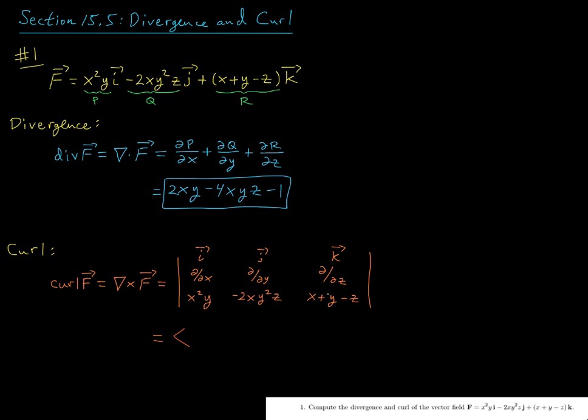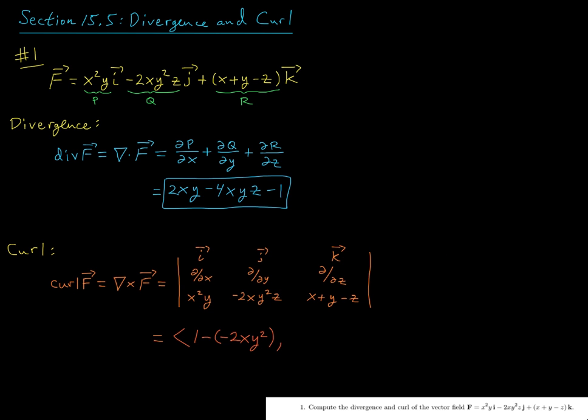I take the y derivative of this expression, which is 1, and subtract from that the z derivative of this expression, which is minus 2xy squared. I'm careful there with the signs: I'm subtracting a minus 2xy squared.